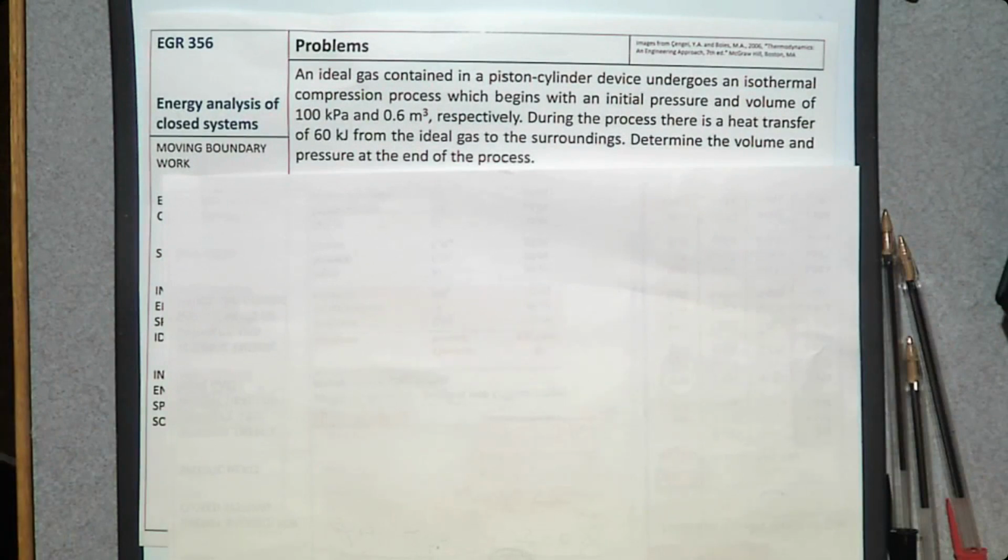So we have the initial volume, initial pressure, and during this process, there is a heat transfer of 60 kilojoule from the ideal gas to the surroundings. So that's a Q out. Determine the volume and pressure at the end of the process. Okay, we can do that.